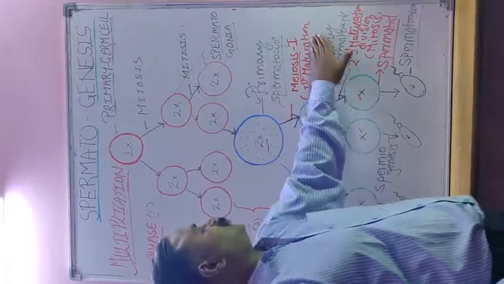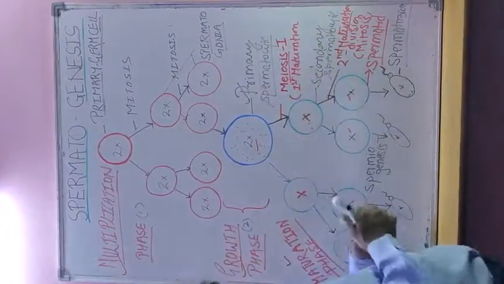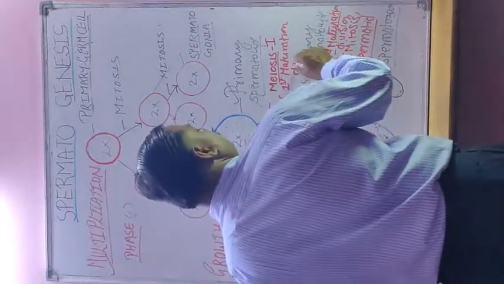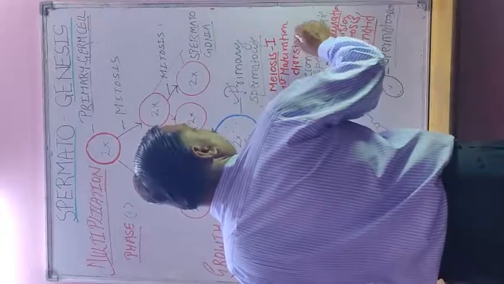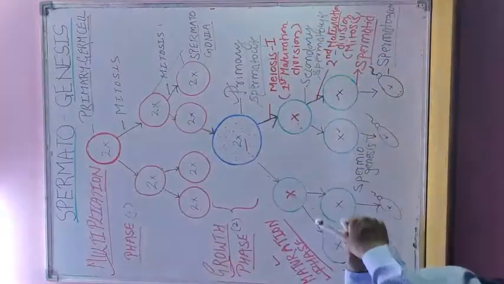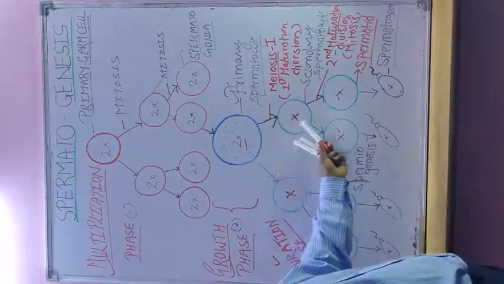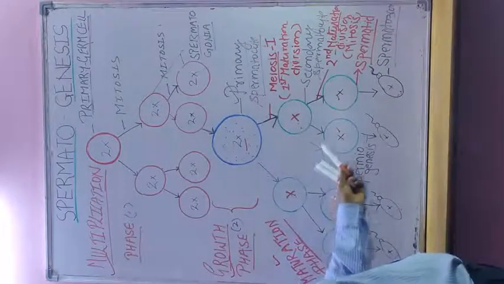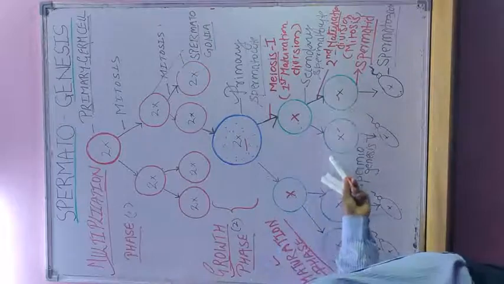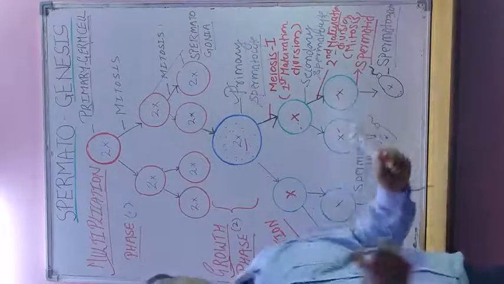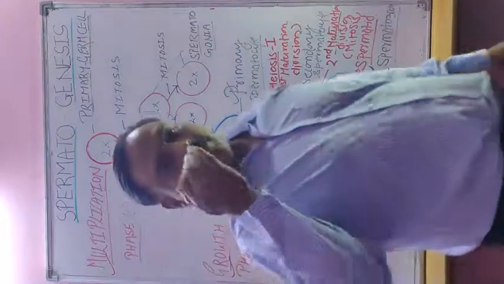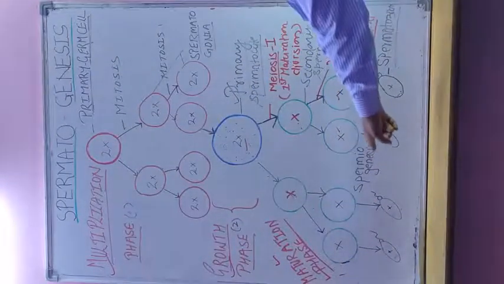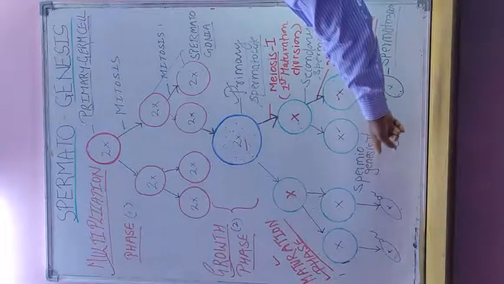You can say first maturation phase or first maturation division, and due to this the primary spermatocyte will become the secondary spermatocyte, and ultimately the secondary spermatocyte after the second maturation division, that is the mitosis, will become a spermatid, and finally they will go through spermiogenesis.